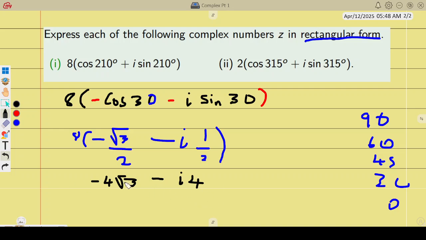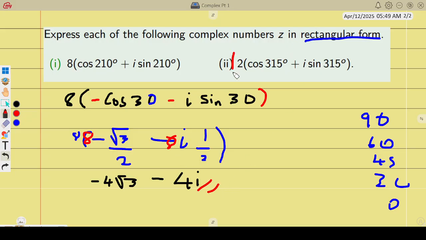We usually don't write I4, we'll just write 4I. In case you're wondering what has happened, we've simply multiplied 8 here and also 8 there, and then we can cancel. So this is the rectangular form.